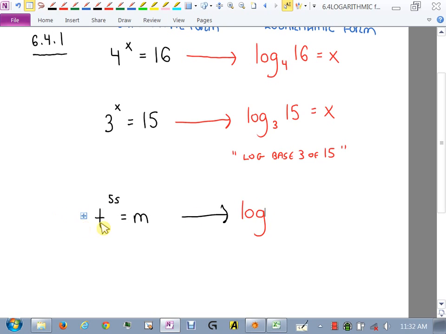The base will always be the base of the thing being raised over here, which in this case was t. What do I put here? m goes here, and then the s goes over here. If I write t to the s equals m, to convert that into log form, I put log base t of m equals s.